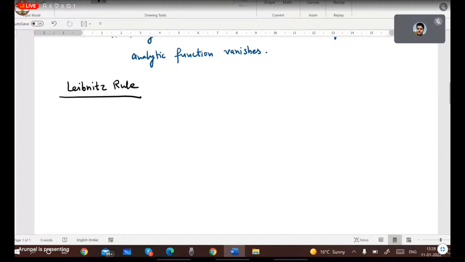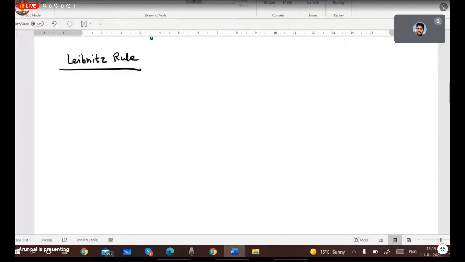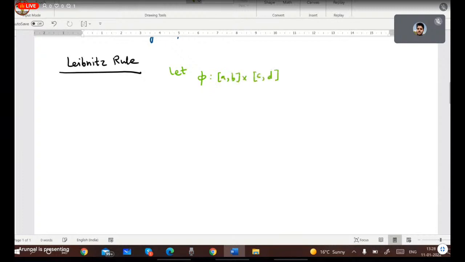First of all, I'm going to write the statement of the result. This rule says that phi from the closed interval [a,b] cross [c,d].